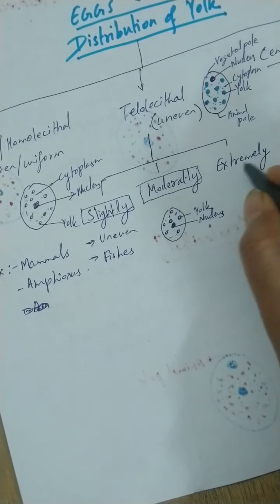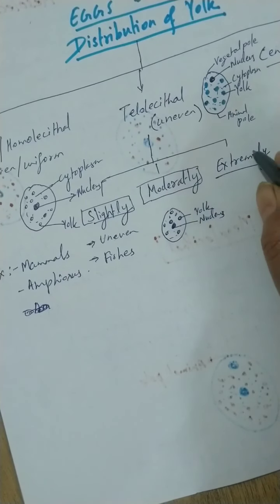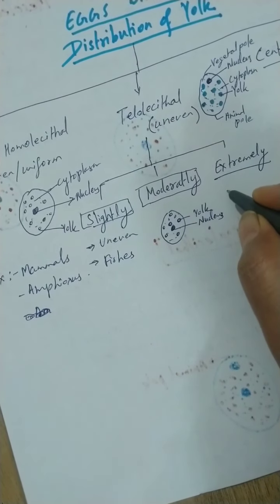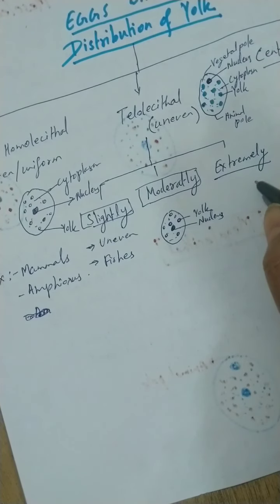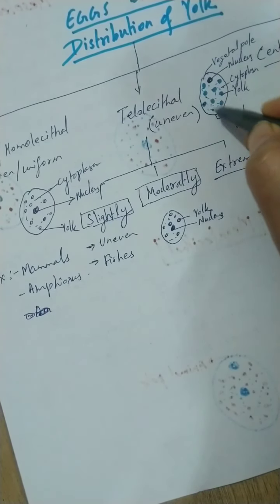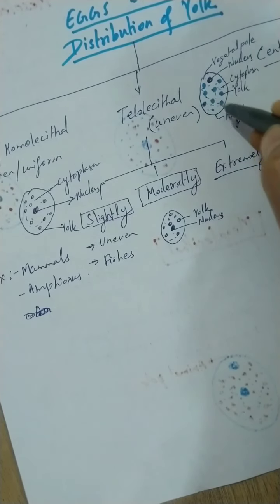Then the extremely telolecithal type of eggs. In this, yolk is present throughout the egg, and the nucleus is towards the animal pole.